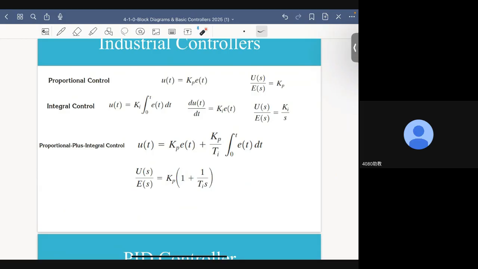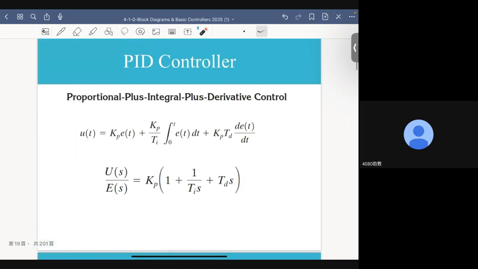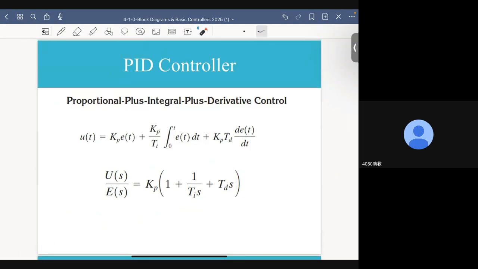Most of the controllers you see today in mechanical, electrical, or whatever devices that use feedback control employ PI control, okay?